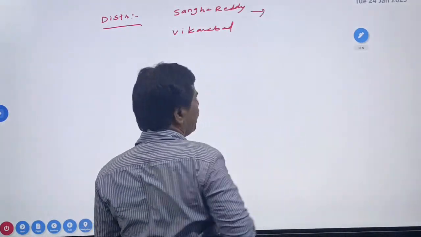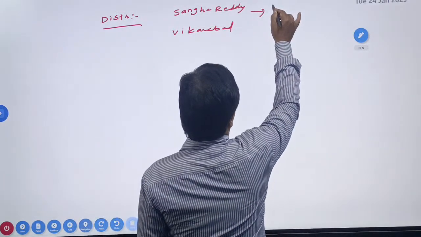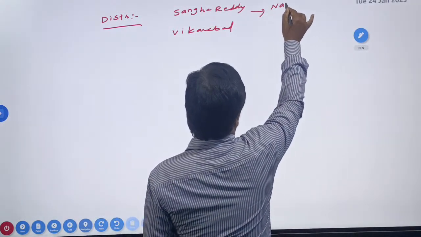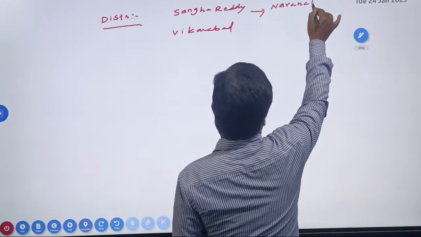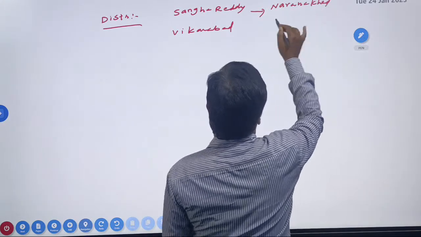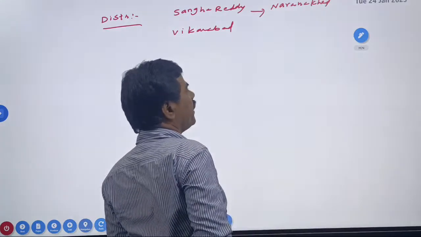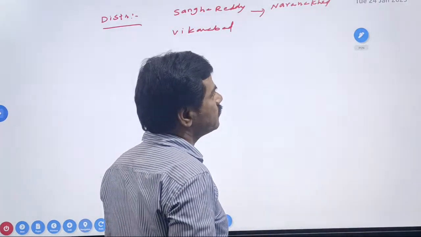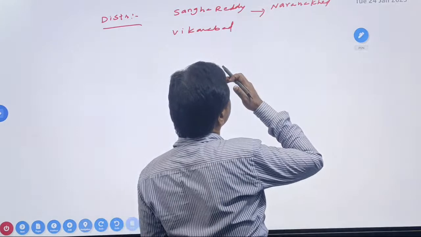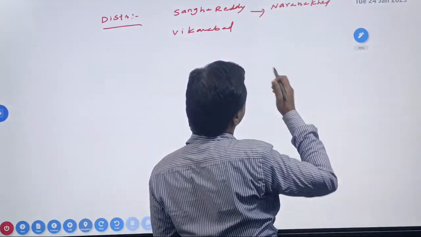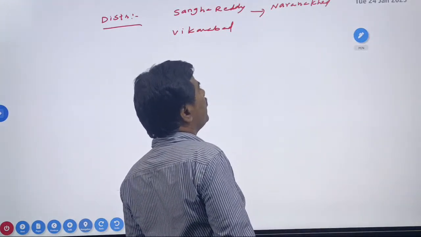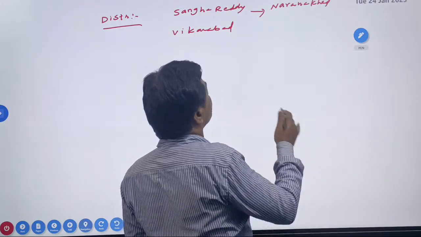In Sangareddy, majorly Narayanpet, Narayankhed, majorly in Narayankhed.